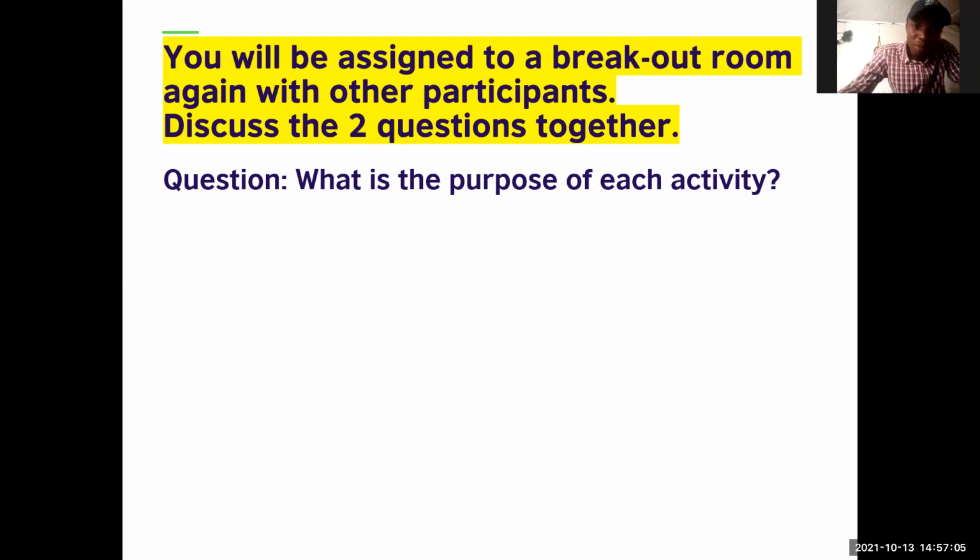I want to talk about another activity which we didn't mention, because we discussed it in the group, and it is individual activity.